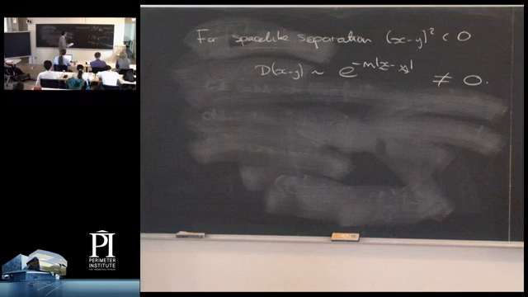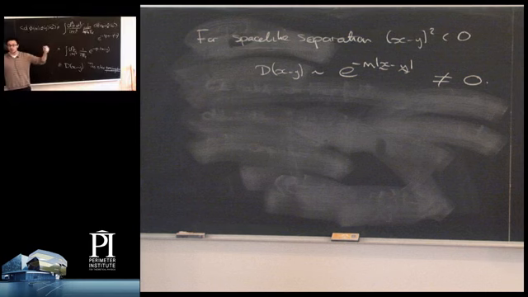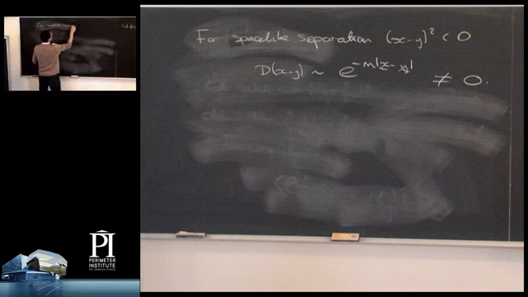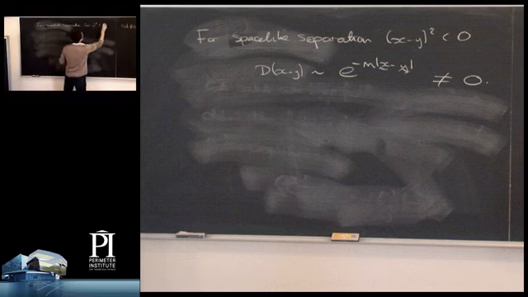Okay, so we can calculate this if x and y are space-like separated. So if they're outside each other's light cones. So for space-like separation, remember with my metric signature, that means (x minus y) squared is less than 0.